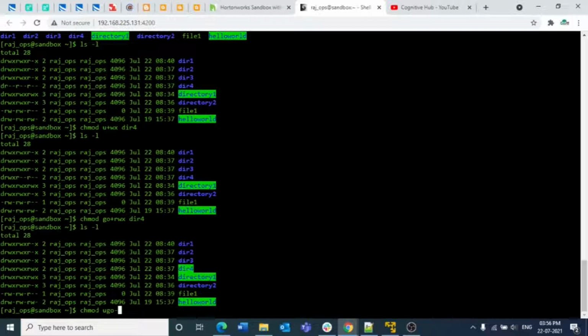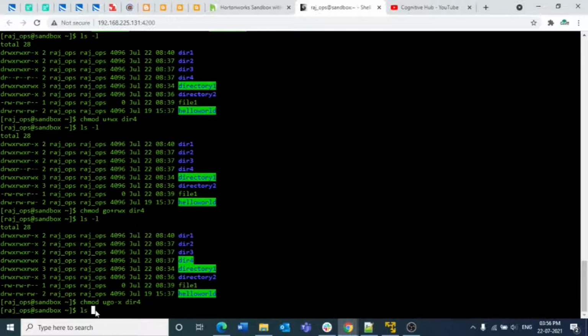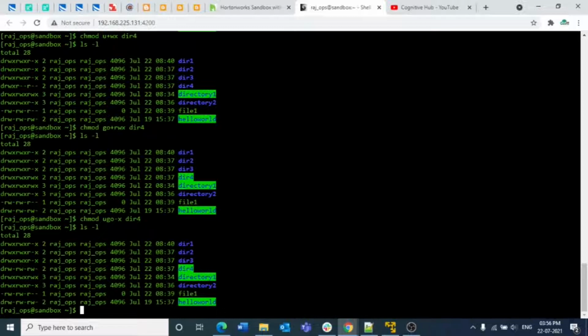To remove the permission means minus. If I want to add, I give plus; to remove, minus. I want to remove x, only the execute permission, for directory 4. I press enter. Again if I do ls -l, observe directory 4: all the execute permissions were removed from the permissions column.